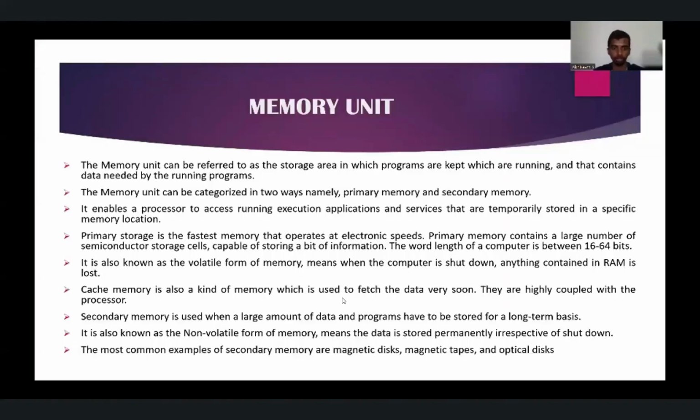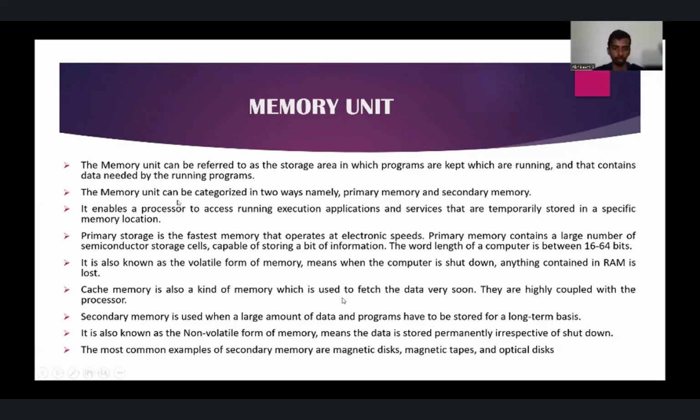A memory unit can be referred to as a storage area in which programs are kept running and that contains data needed by the running programs. So basically whichever programs the user wants to run, they should be present in the primary memory so that the processor can access this data and perform a specific task.